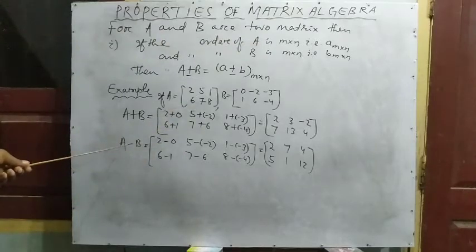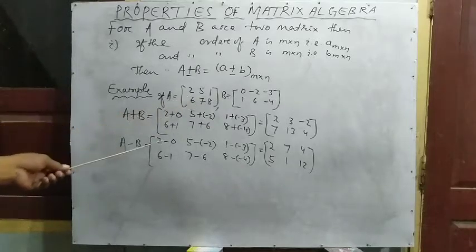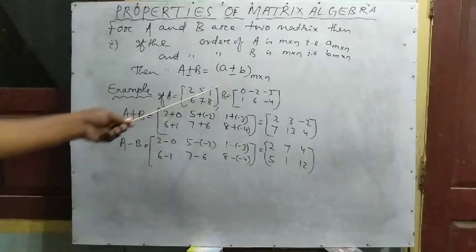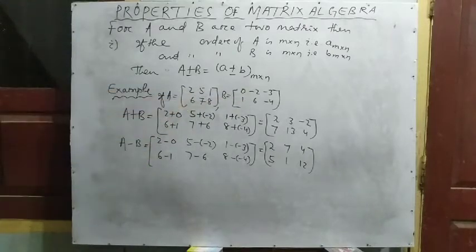Here also, A minus B, the orders are equal, so you can simply subtract. 2 minus 0, 5 minus minus 2, 1 minus minus 3, meaning the respective elements are subtracted from one another. Okay, here is the addition and subtraction of two matrices. Later we will discuss how multiplication is done.